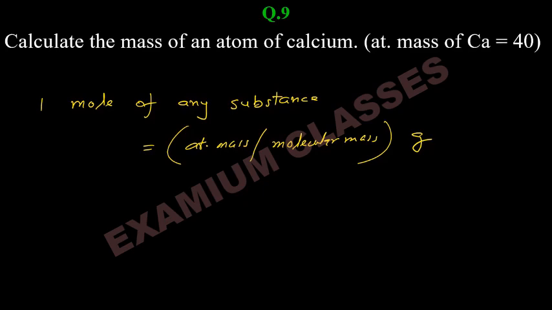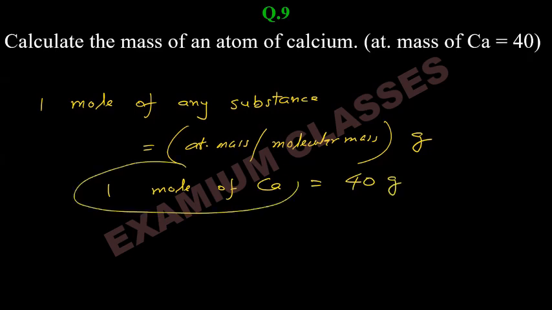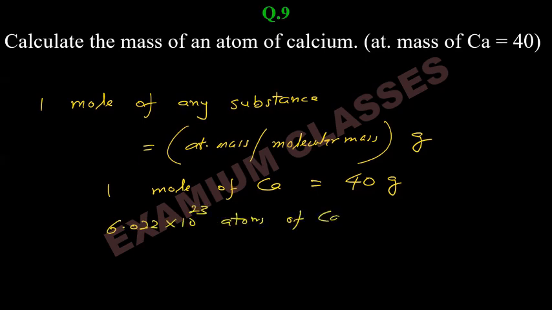So here, 1 mole of calcium will be equal to its atomic mass, that is 40 u, but you won't write 40 u, you will say 40 grams. And in 1 mole of calcium, how many atoms will be there? 6.022 into 10 to the power 23 atoms, so we will divide 40 by this number. Exactly correct.